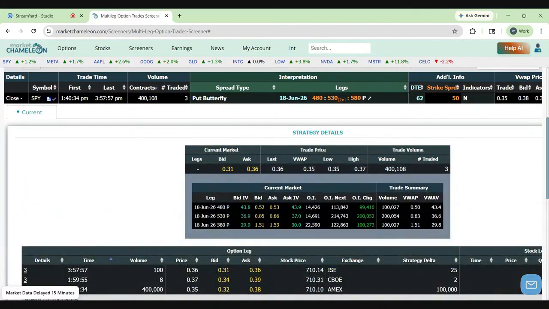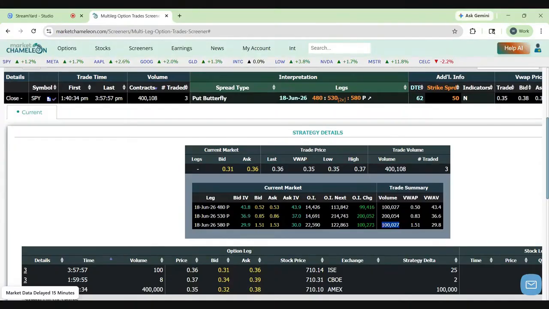So here we see these are the 3 legs. This is the open interest change on each leg, and this is the volume on the contracts. So we see here that the open interest increased on each of those legs, all 3 legs, that closely correspond to this trade.